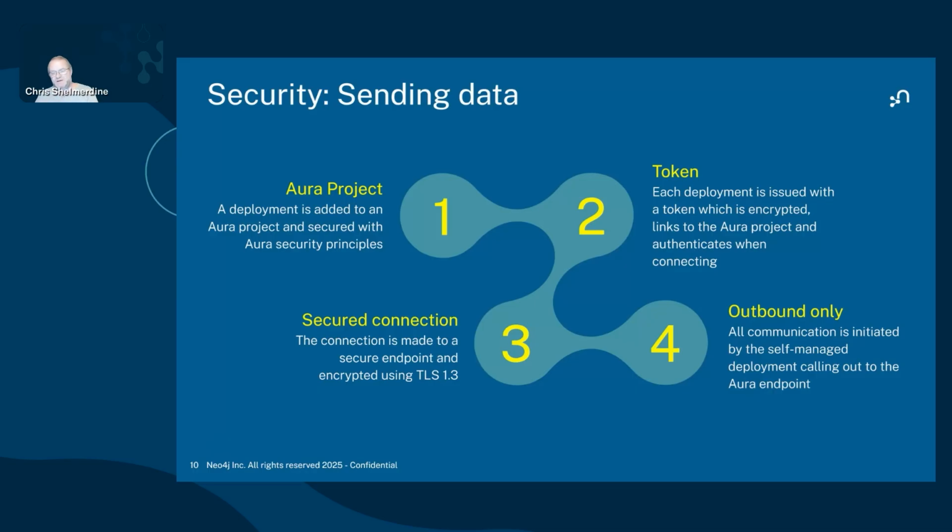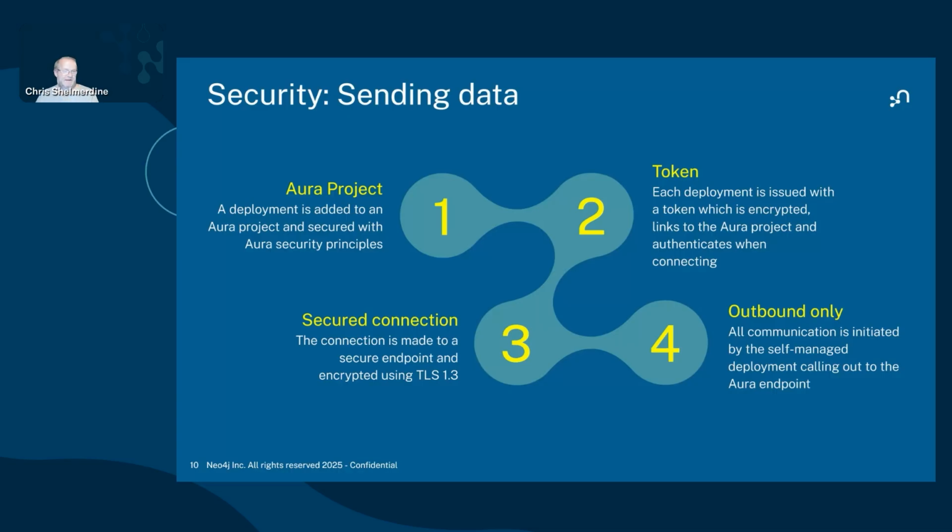And when the connection is established, that is the authentication and authorization for connecting and sending the data into the Fleet Manager service. The connection that is made is a secure connection. It's made to a TLS 1.3 SSL endpoint, and it's fully encrypted for security of the data as it's sent through.